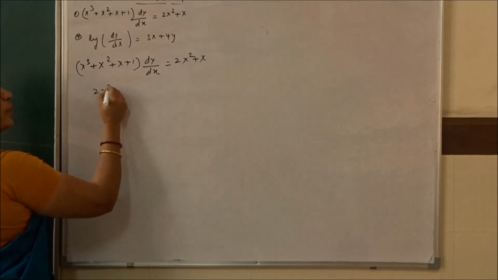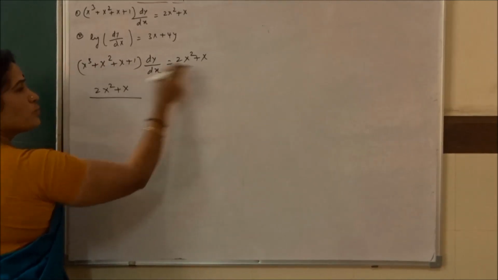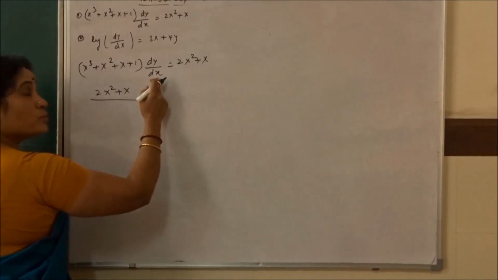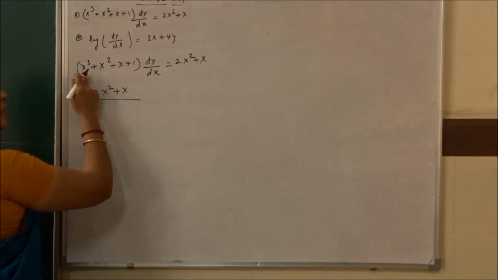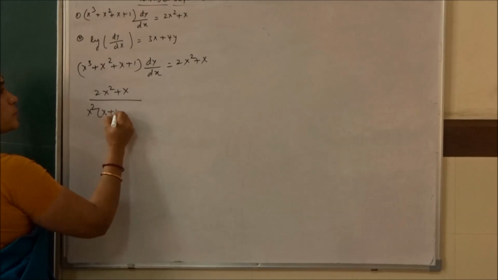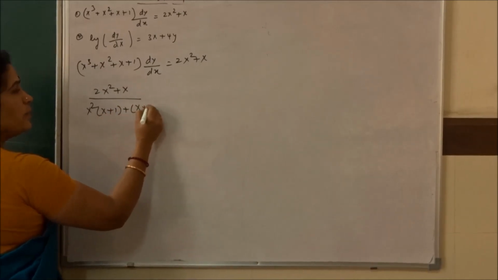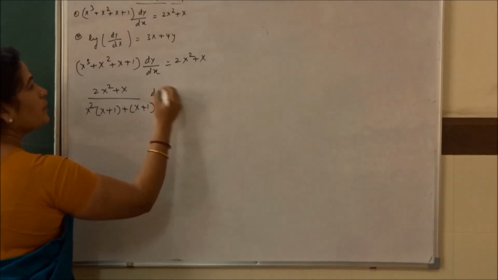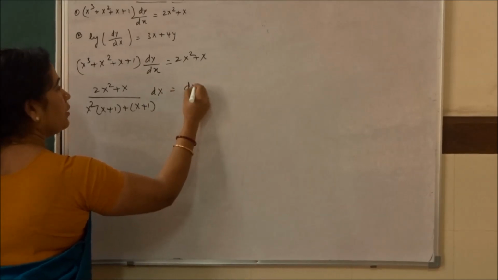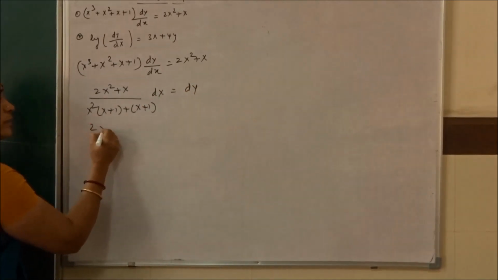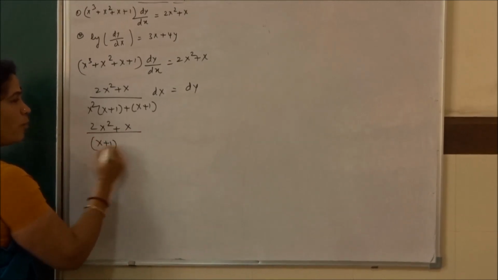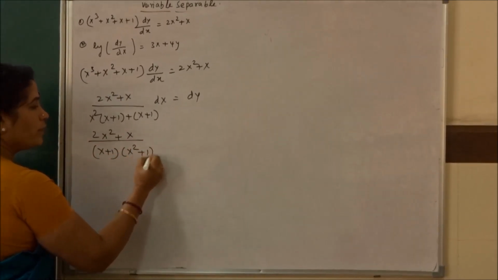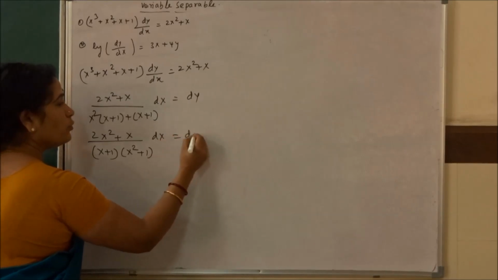That is 2x square plus x, the whole upon (x plus 1) into (x square plus 1), dx, equal to dy.